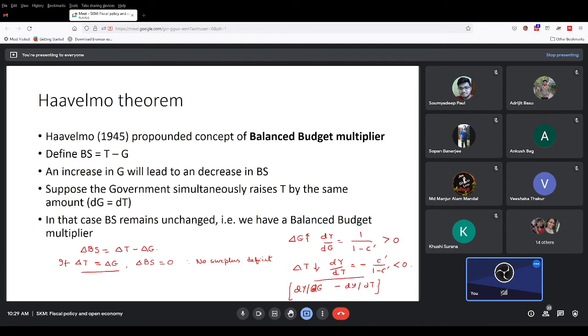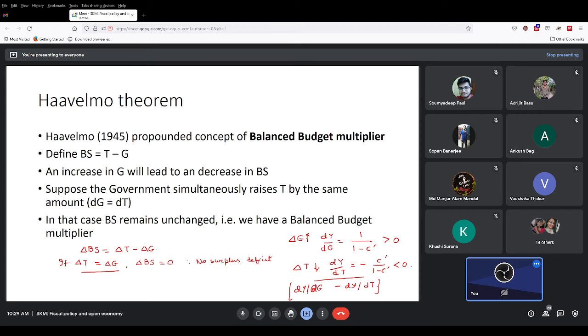So Haavelmo propounded the concept of what is called a balanced budget multiplier. The budget surplus is defined as T minus G. What you're saying is that an increase in G will lead to a budget deficit. Simultaneously, Haavelmo said you should increase T by the same amount. dG is equal to dT.